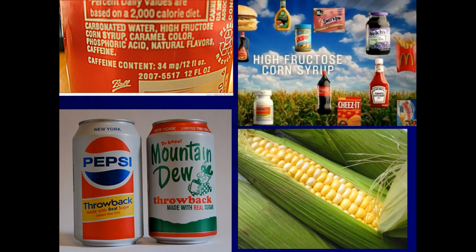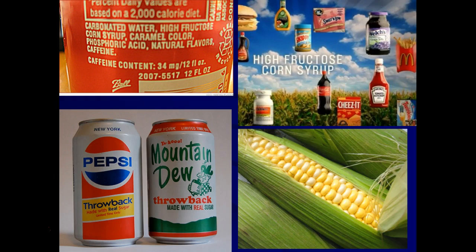So a lot of our processed foods are sweetened with high fructose corn syrup. For years, when I would go to Winn-Dixie and go down the soft drink aisle, you could not find a Coke or a Pepsi or Dr. Pepper that didn't have high fructose corn syrup. Now, there's a little swing back.